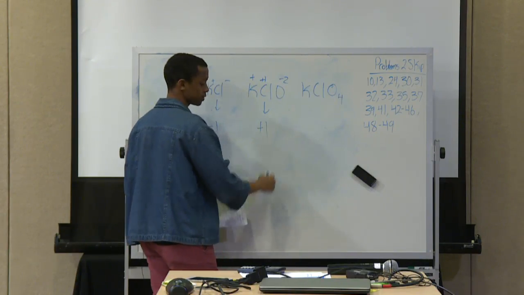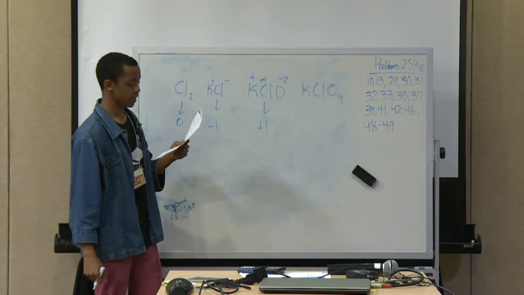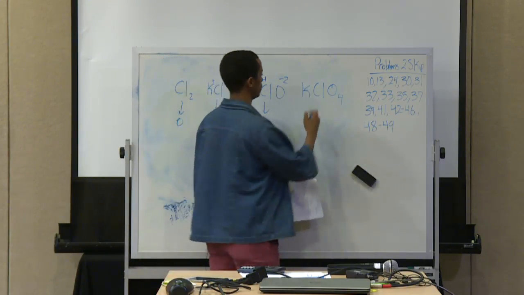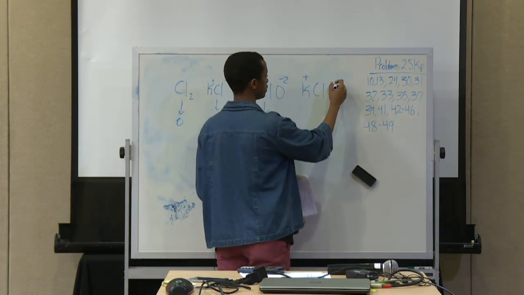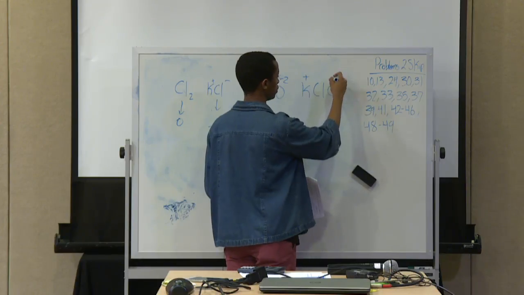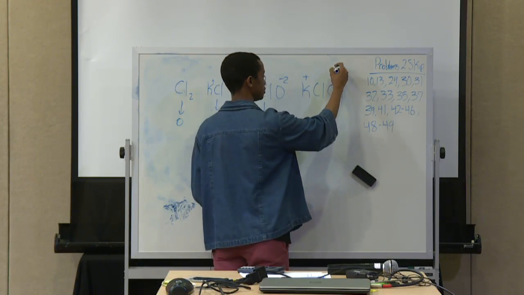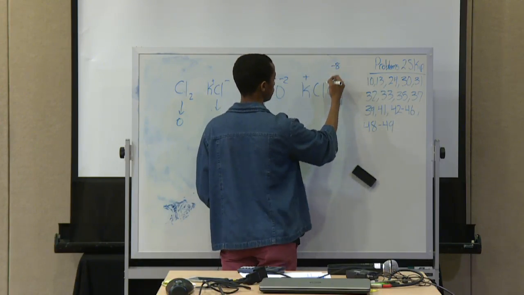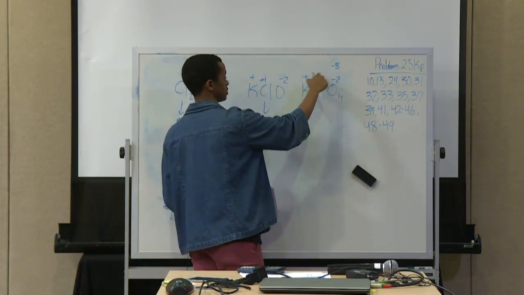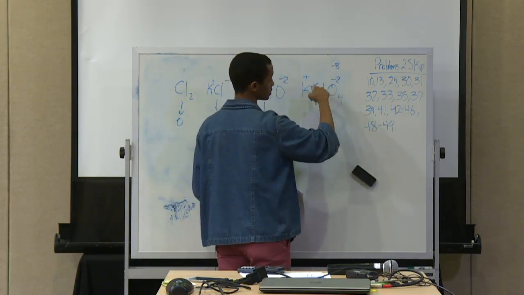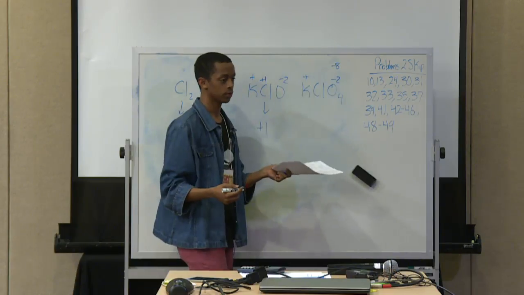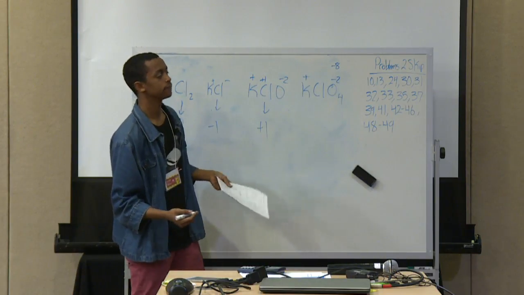So here, chlorine is plus 1. And in KClO4, oxygen is negative 2, and there are 4 oxygens, so in total I have negative 8. So a positive 1 plus a negative 8 plus something else has to equal 0. What does chlorine have to be in this case? Positive 7.